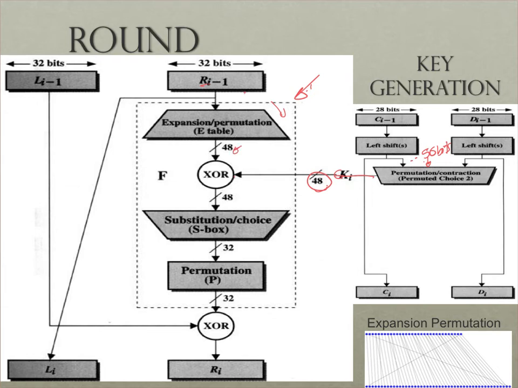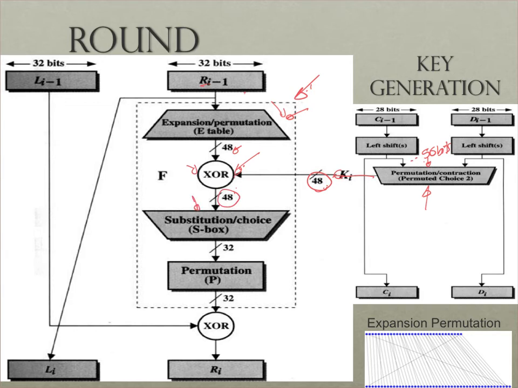We do that using permutation with expansion, which is the opposite of permutation with contraction. So here it's permutation with contraction, here it's permutation with expansion. We convert 32 bits to 48 bits. Once we do this, we can perform just a simple XOR. This is the normal Vernam cipher, and the output will also be 48 bits.